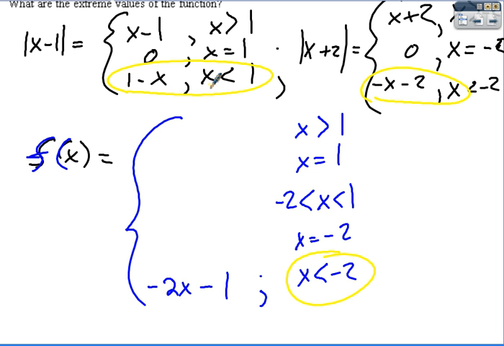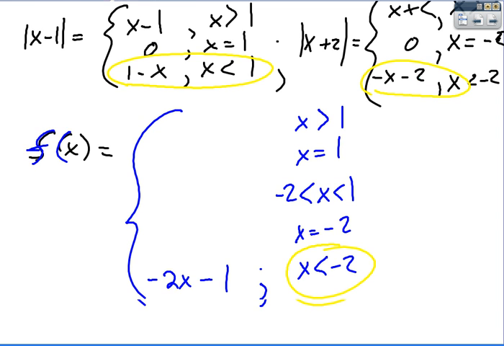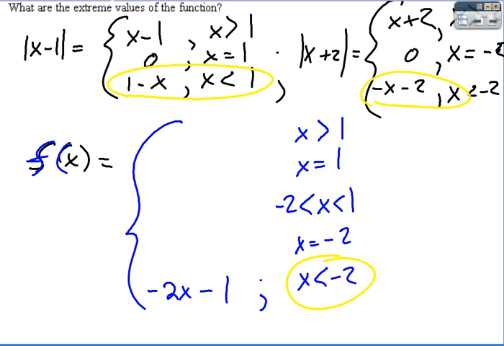So I'm going to get 1 minus x plus whatever the behavior is from the other piecewise function here. Well, when x is less than negative 2, the absolute value of x plus 2 behaves like that, right? So I'm just going to sum those two things. 1 minus x plus negative x minus 2.